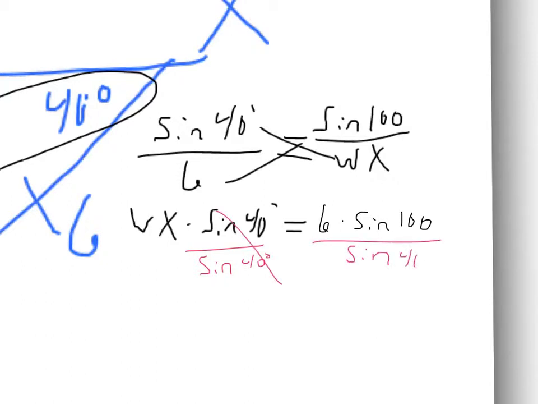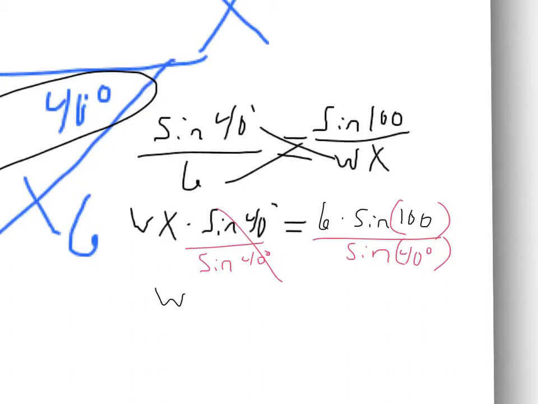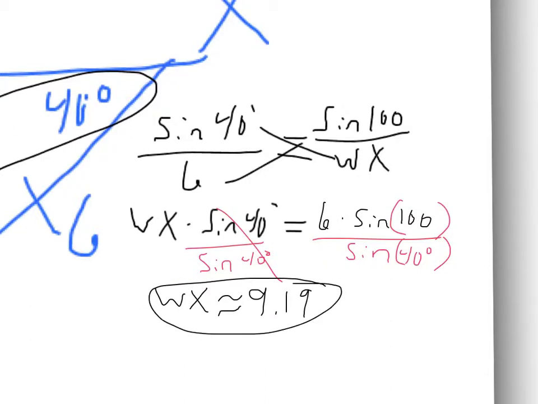And so you can just type that into your calculator. Just make sure you close the parentheses. So 6 times sine of 100 divided by sine of 40. And we'll have to round it. It doesn't come out evenly. So we get WX is approximately equal to 9.2 or 9.19. Doesn't say what to round to, so you can use that as your answer.